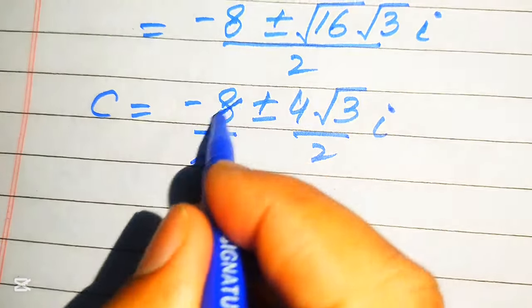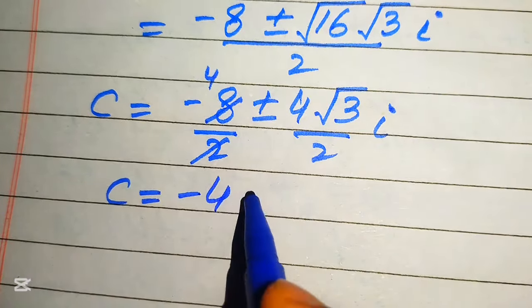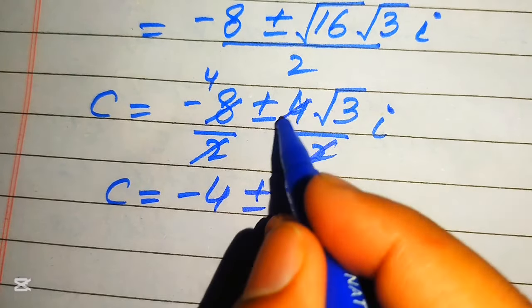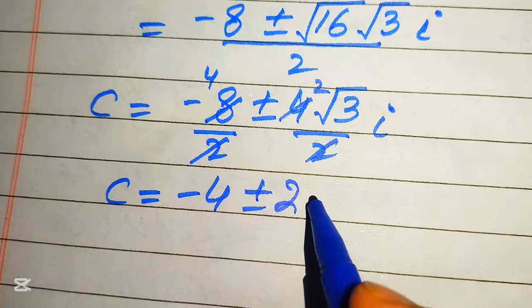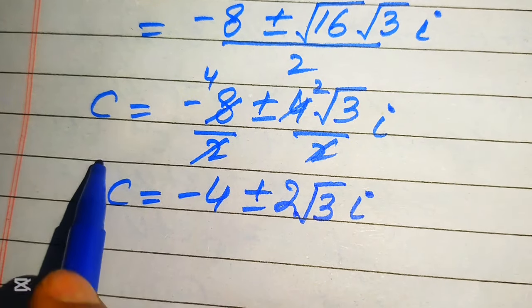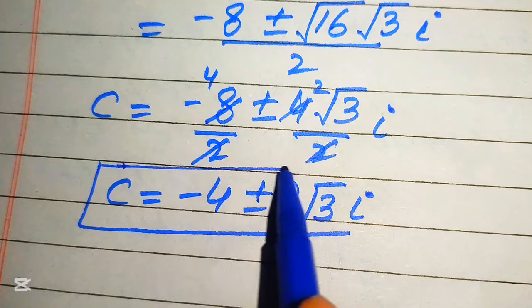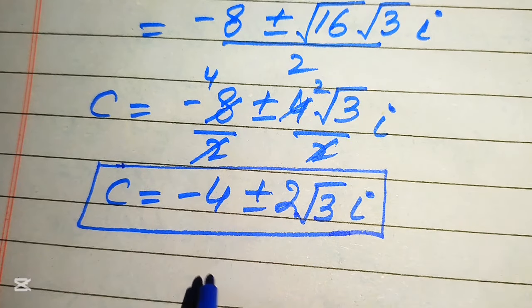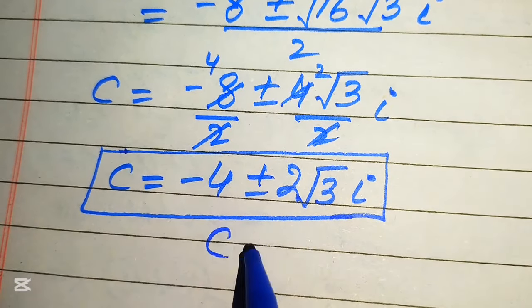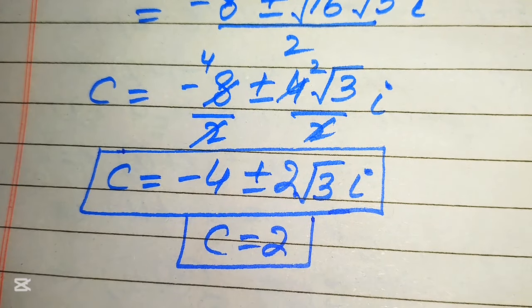So we cancel these terms: 2 4s are 8, we get c equals minus 4 plus minus, 2 times 2 is 4, we get 2 times square root of 3 into iota. So these are the other two complex roots of the given equation, and we have c equals 2 as the only real root of the given equation.